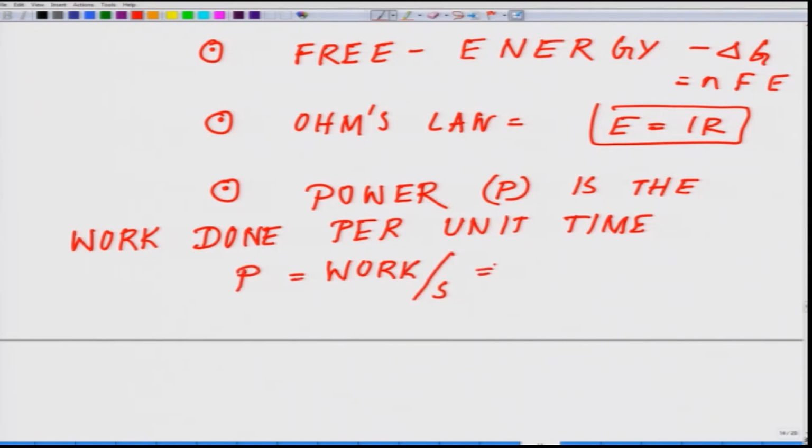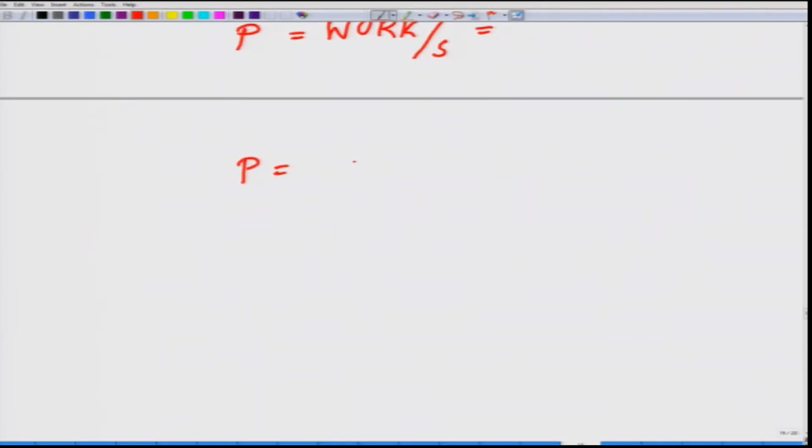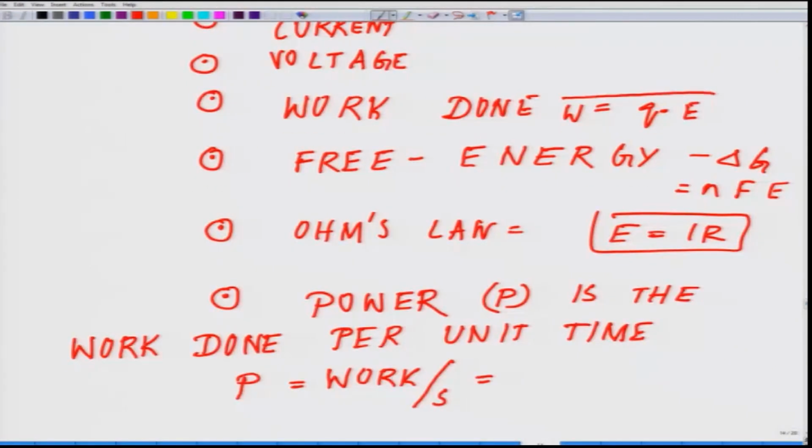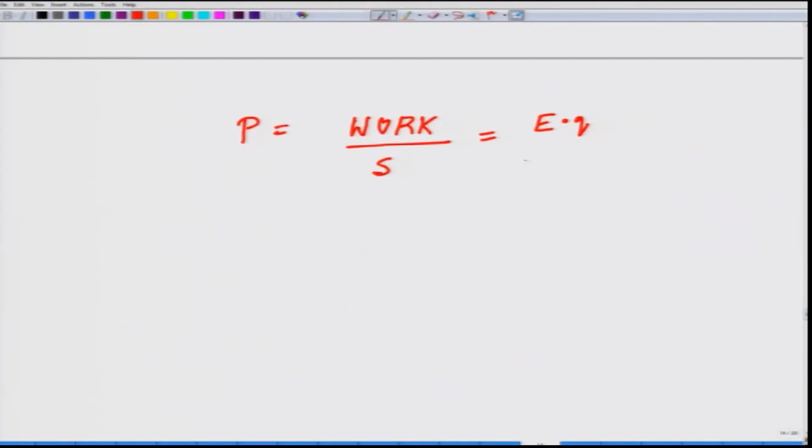So, we can represent this as P is equal to work upon S, which is the time. Work can be represented as E Q, as we talked about just a few minutes back. So, it is E Q divided by the seconds.